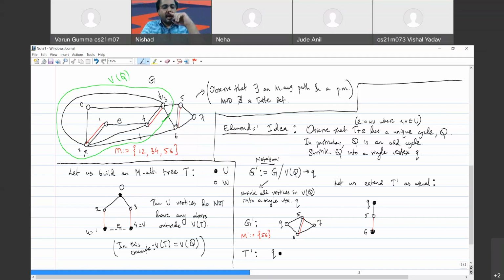Now Q's two neighbors are 5 and 6, which are already in our tree T prime. And 6 has a neighbor 7, which is exposed. So what we have here is an M augmenting path in this graph. So what we have is P prime, and that is an M prime augmenting path in G prime.